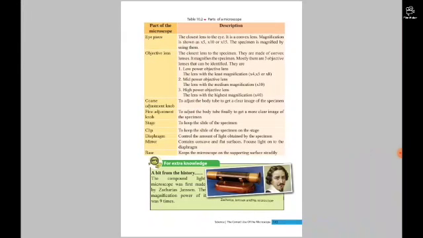The stage is to keep the slide of the specimen, and the stage clips are to hold the slide. The diaphragm controls the amount of light obtained by the specimen. The mirror contains concave and flat surfaces and focuses light onto the diaphragm.